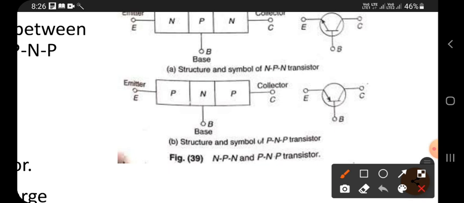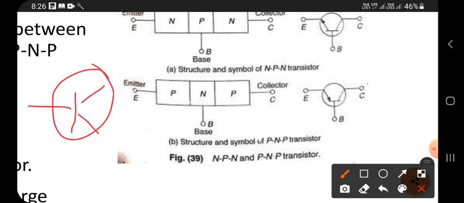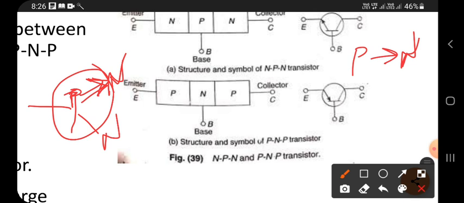For example, let this be one transistor, and the arrow is outward. The arrow mark is always from P to N. This means that on the arrow side P type material is present and on the other side N type material is present. So the middle is P type, and the outer edge is N type, so it is also N type. That is why it is an NPN transistor.